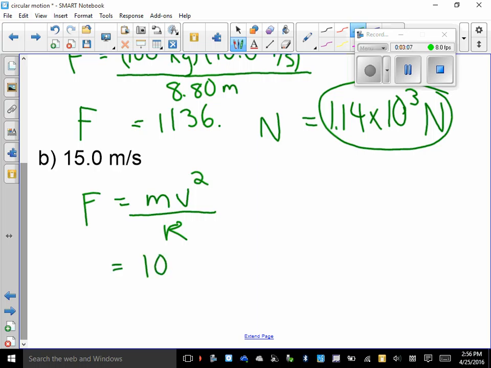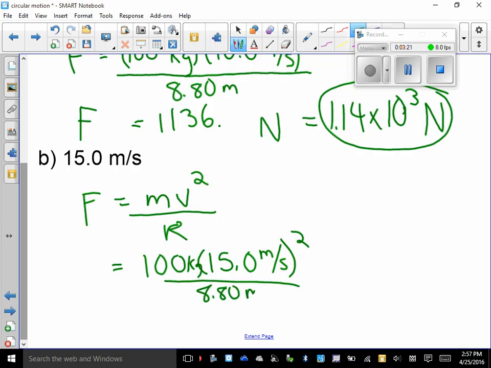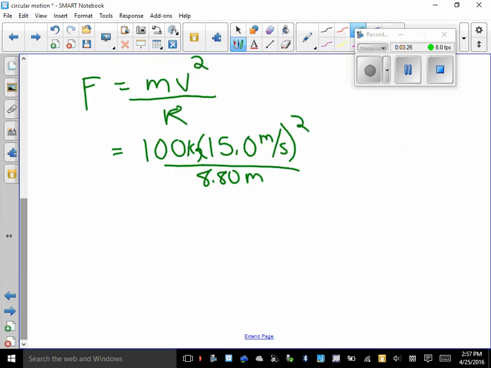Subbing in, we get 100 kilograms times 15.0 meters per second squared, over 8.80 meters. We have a kilogram meter per second squared, which is the same as a Newton, and this would be 2,556.81, repeating for a bit.